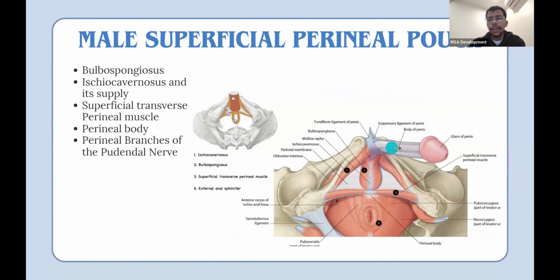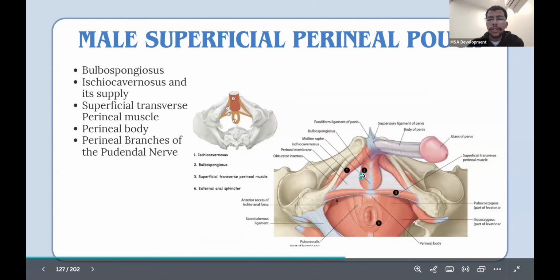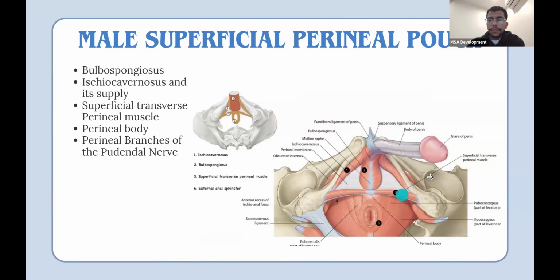So from the ischium to the corpora cavernosa, it's called the ischiocavernosus muscle. This is also part of the superficial perineal pouch. Then we have the superficial transverse perineal muscle. This one here. It's transverse and it's in the superficial pouch. I think it's quite obvious. Then we have the perineal body, and then we have the pudendal nerve. These are also parts of the superficial perineal pouch.